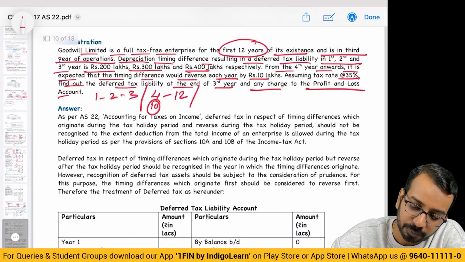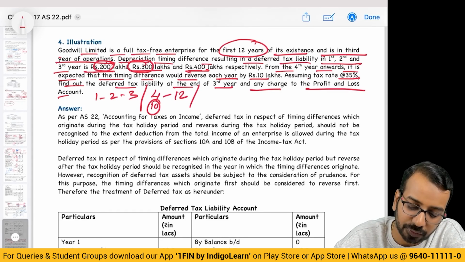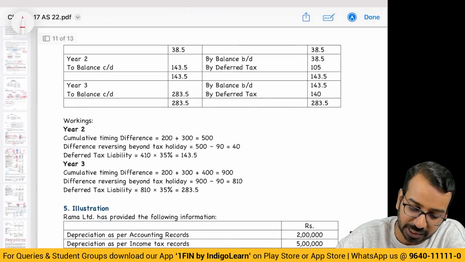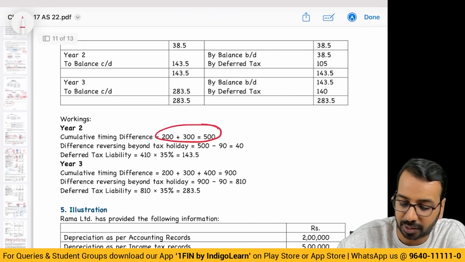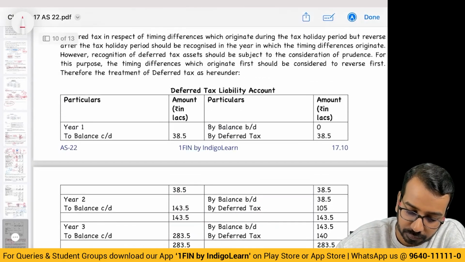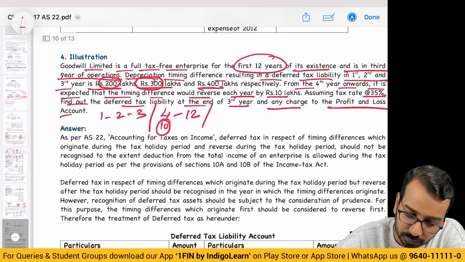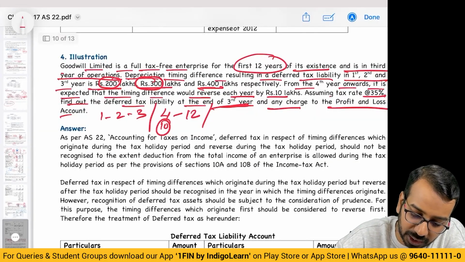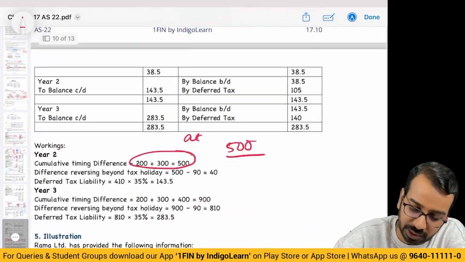Now here what you need to understand is the differences that arose, 200, 300 and 400, and we are talking about the end of 3rd year. They have asked us the end of year 3. This is year 1, this is year 2, this is year 3.